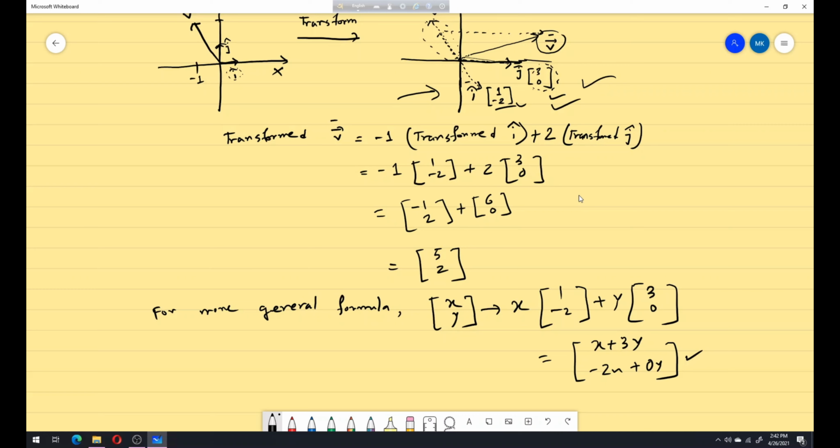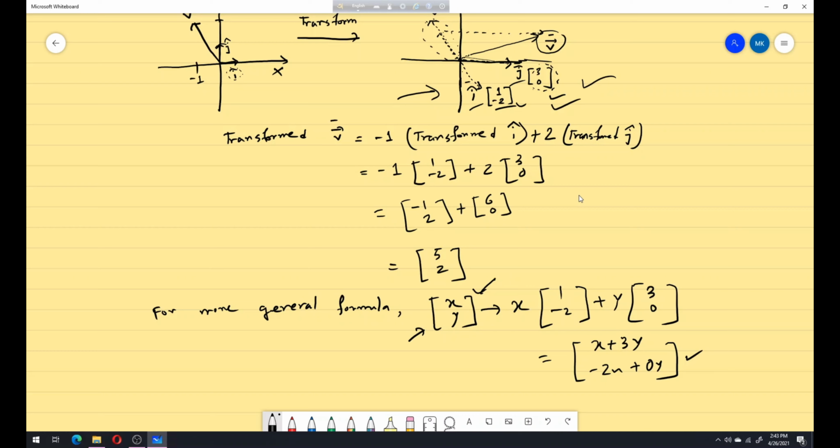So as you could see, for a transformation, if you only know where this basis vector falls after a certain transformation, you'll get to know what any particular vector becomes. Or what should be the transformed picture of any particular vector if you know where the transformed I cap and j cap fall.